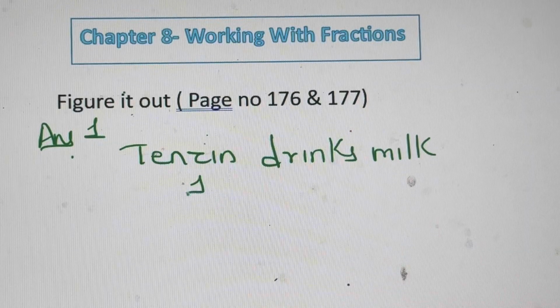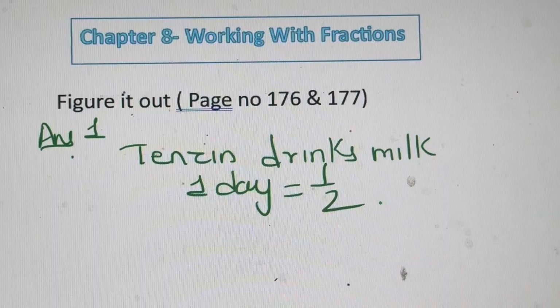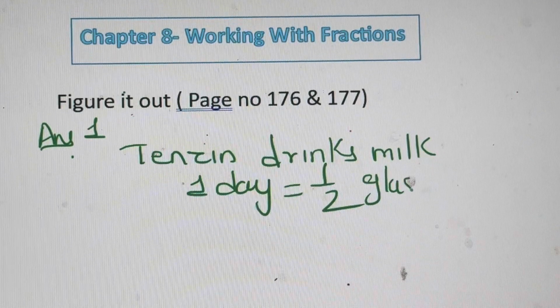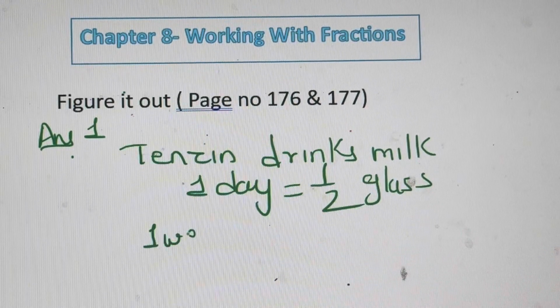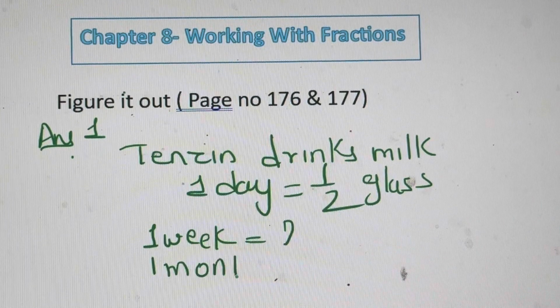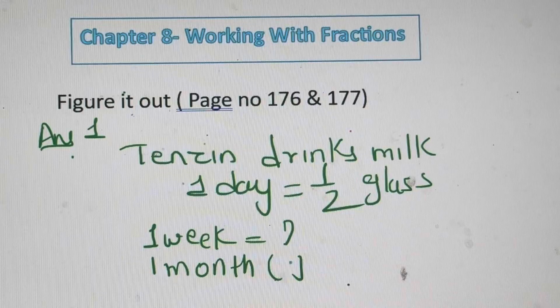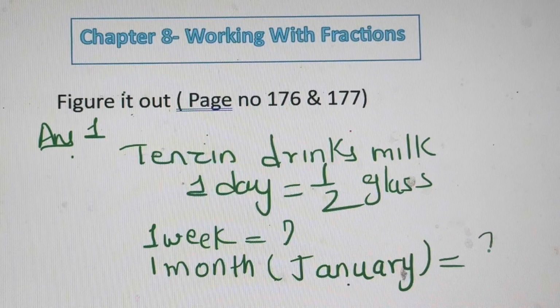Like in one day, it is half glass of milk. Okay. And what is asked is 1 week, how much will he drink? That's a question mark. And 1 month, and that is January month. That's a question asked. How much milk will he drink in this much time, right?